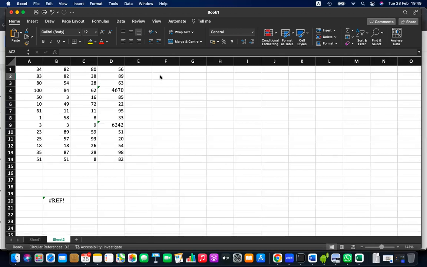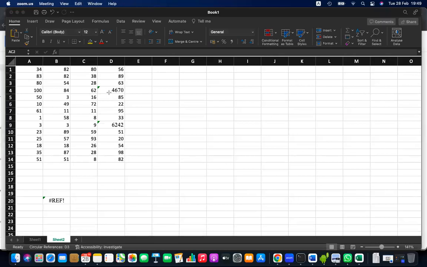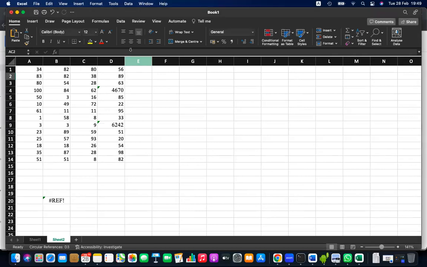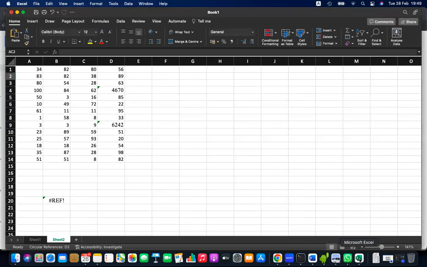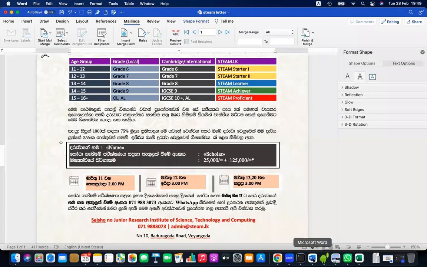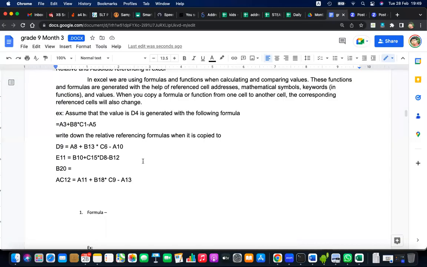That is the easiest thing, referring to the arrows. Right? What is the formula? Can you remember it? Initially, what was the formula? A3 plus B8, remember that. Okay.